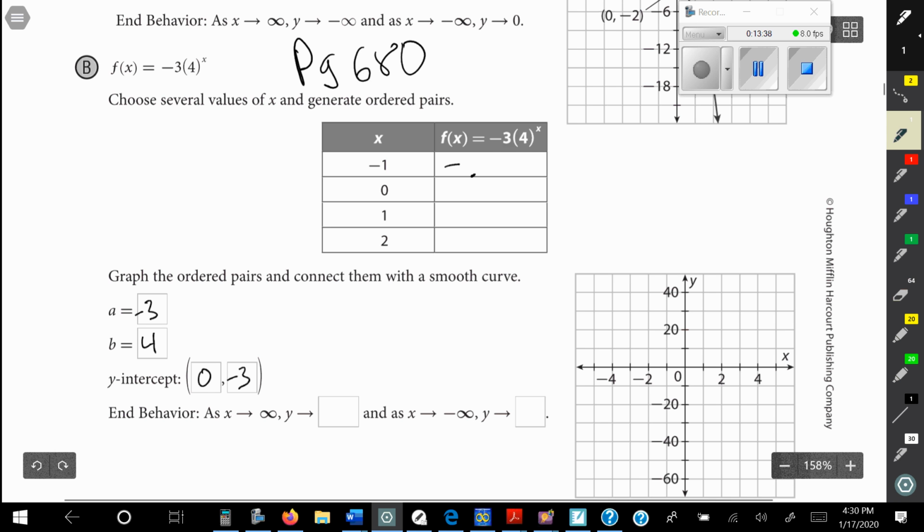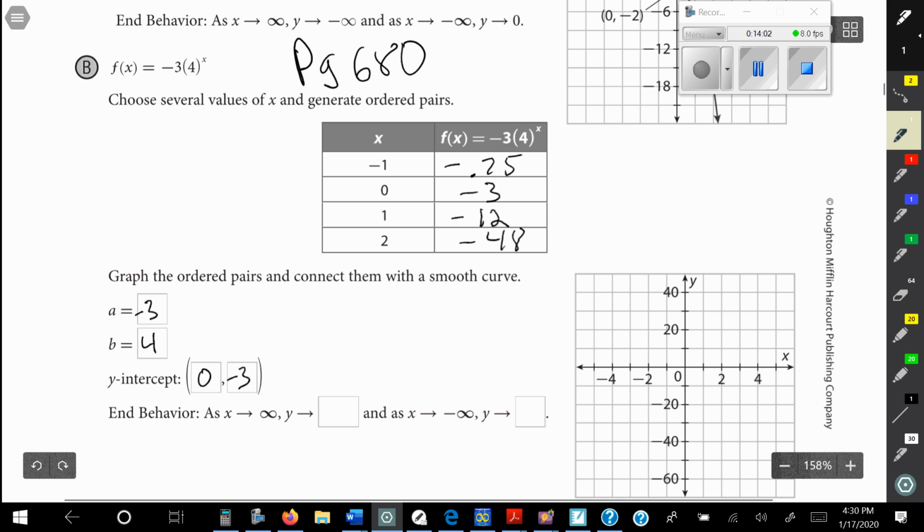negative 0.75, negative 3, negative 12, and negative 48. And then you're just going to plot it out on your graph over here like so.